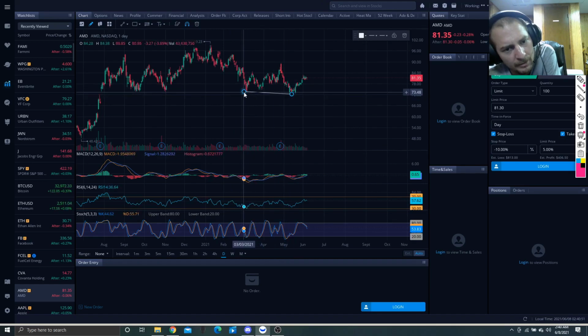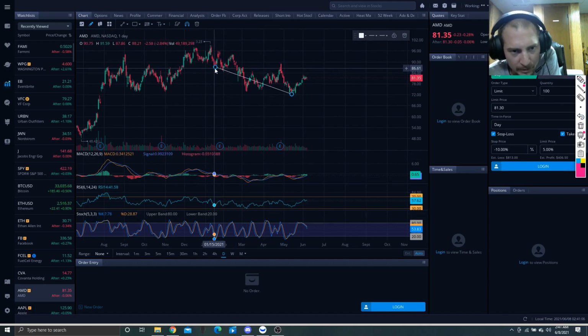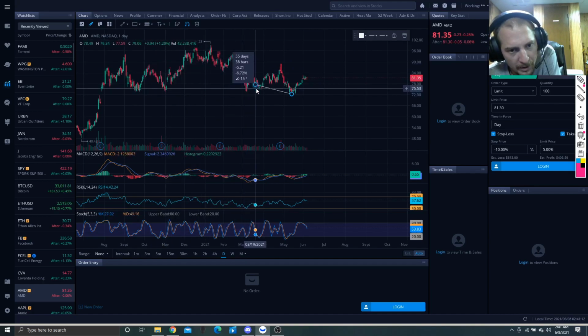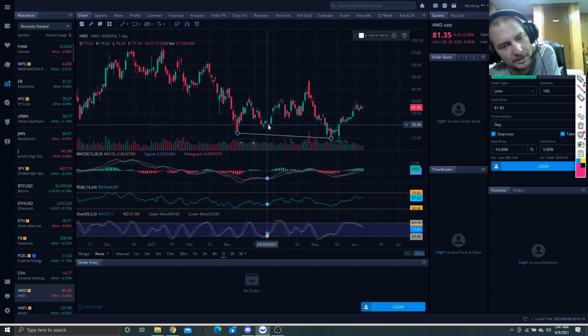So, for example, if I wanted to connect this swing low here to this swing low, I can't do that because it crosses through this price action, this price action, and this price action. So it's valid as long as we don't cross other price action. So we could use this, this, and this, right? So the more recent the price action, the stronger it's going to be.